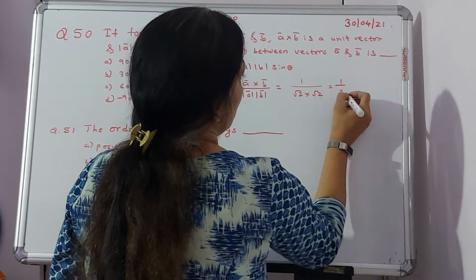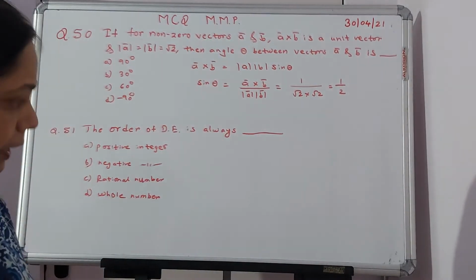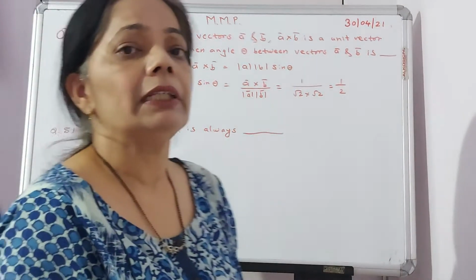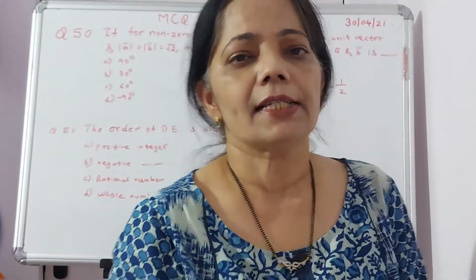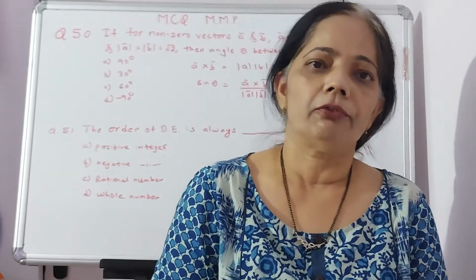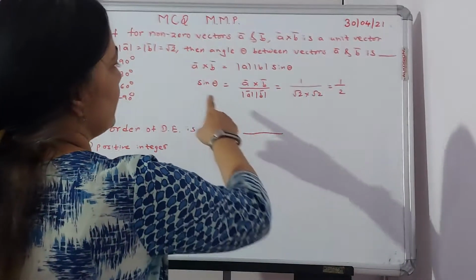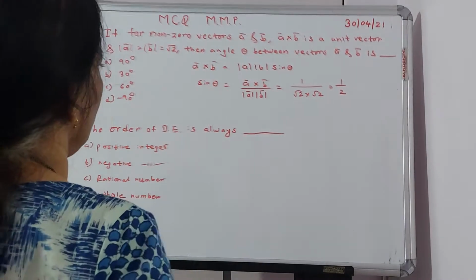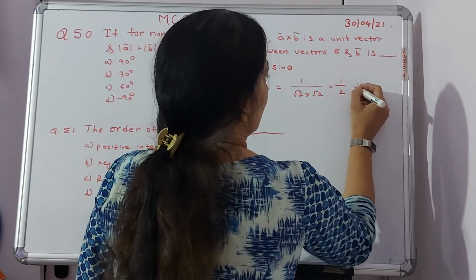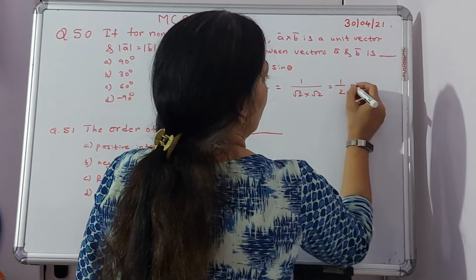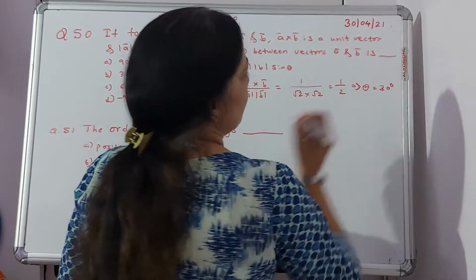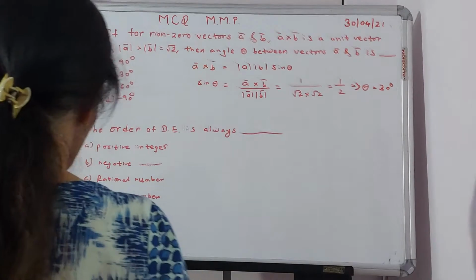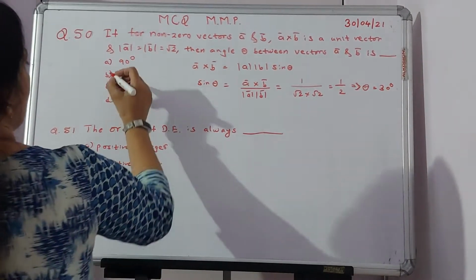That gives me 1/2. So we have to find out the angle when this happens. We have studied in 11th and 12th standard that sine 30 value is half, right? So obviously sine theta is half, so theta has to be exactly 30 degrees, right? Therefore we can say the angle is B.